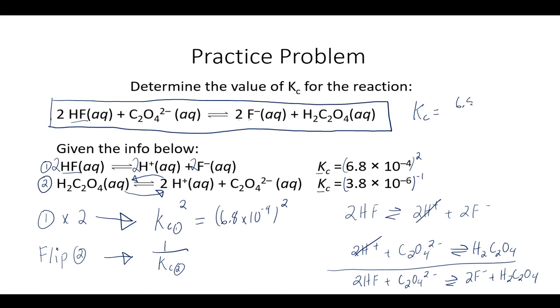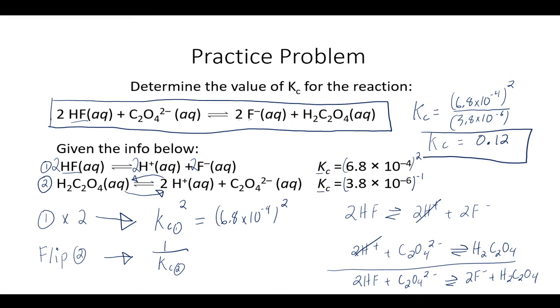It's going to be 6.8 times 10 to the negative 4 squared times 1 over 3.8 times 10 to the negative 6. That gives me a Kc value in the end of 0.12. That is my final answer here.